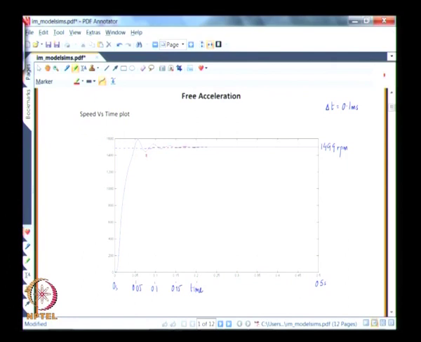Why does this happen? We know that speed is increasing very fast here, and as the speed reaches 1500 rpm, in an induction machine the speed can never go beyond 1500 rpm, because it is the revolving magnetic field that tries to drag the rotor along with itself.